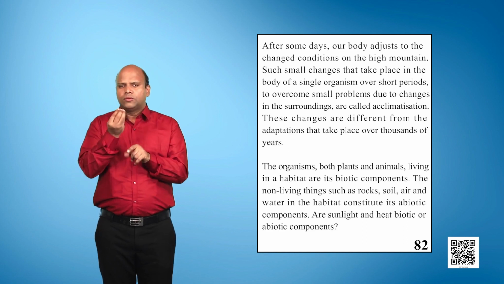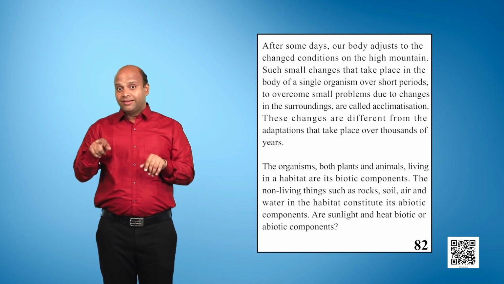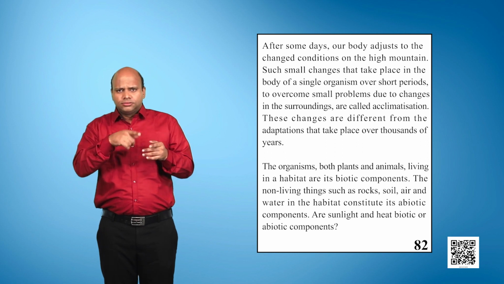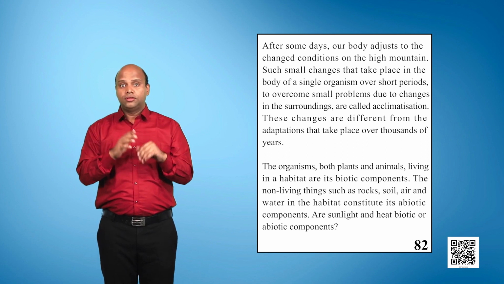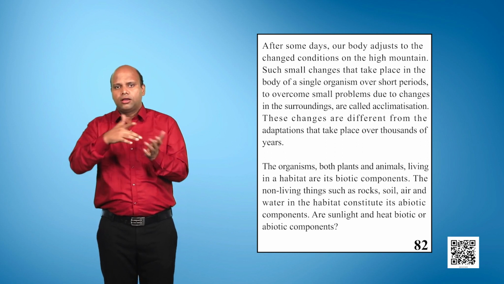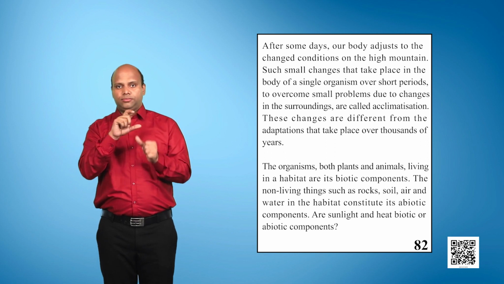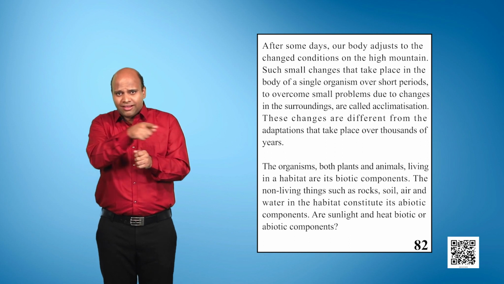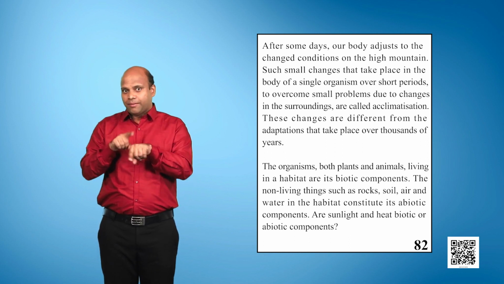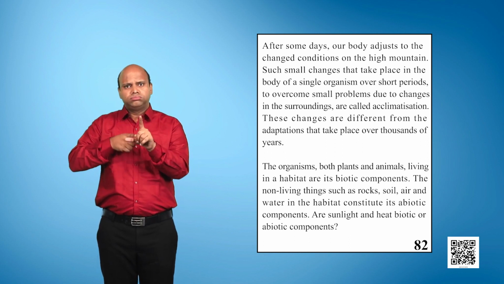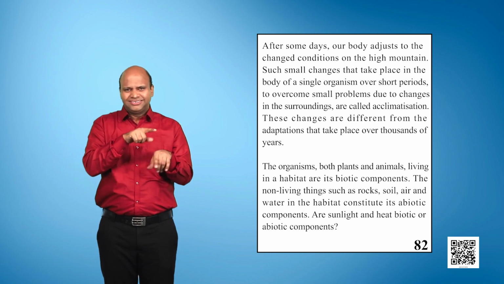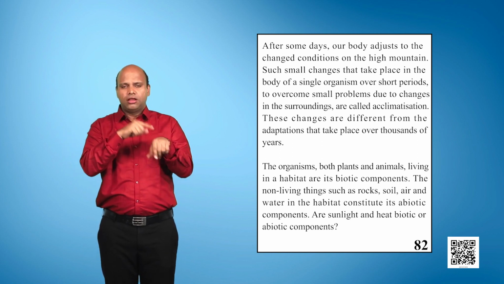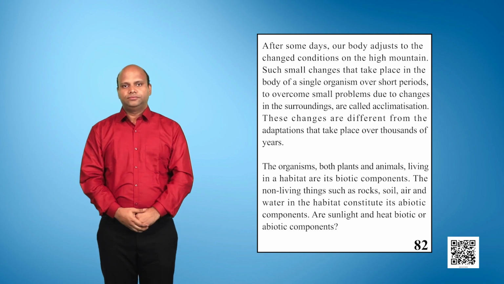After some days, our body adjusts to the changed conditions on the high mountain. Such small changes that take place in the body of a single organism over short periods to overcome small problems due to changes in the surroundings are called acclimatization. These changes are different from the adaptations that take place over thousands of years.